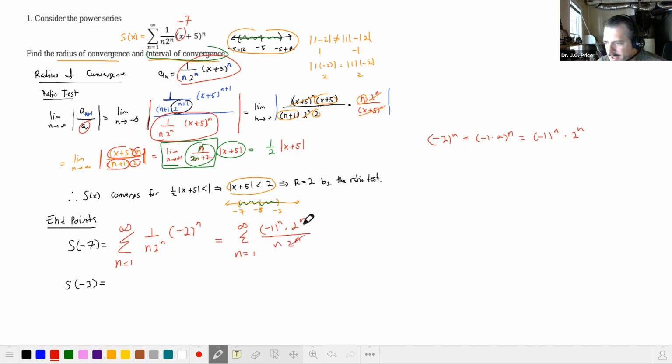And I see very clearly the 2 to the n's are going to cancel. Oh yeah, I get this alternating series now, which is one we've seen a lot of. This is the alternating harmonic series, but it definitely converges by the alternating series test. So converges by alternating series test.